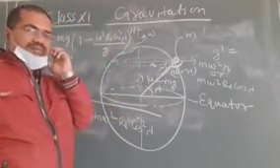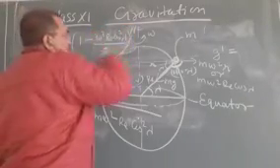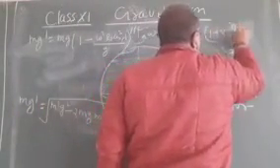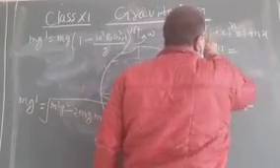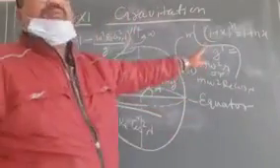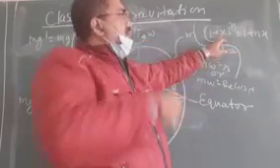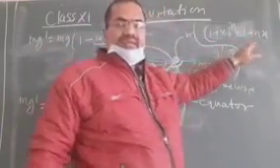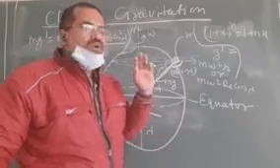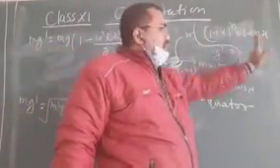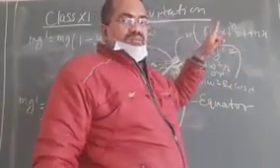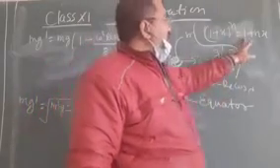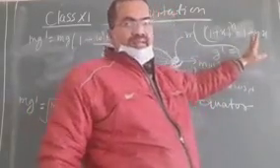By the binomial theorem, if x is very small, 1 plus x to the power n equals 1 plus nx plus n(n minus 1) x square by factorial 2, and so on. Higher terms will be neglected because x square will be much smaller, so you can write 1 plus nx up to two terms only.